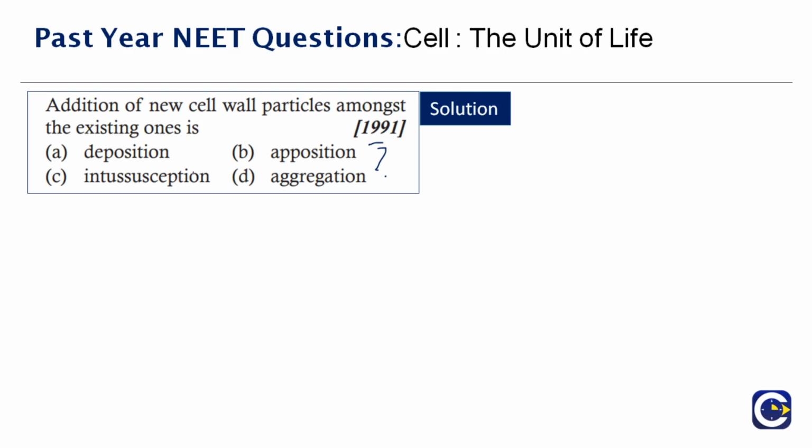So, what do you mean by addition of new cell particles? It's the growth. Okay, they are talking in resemblance to the growth. So growth of cell wall occurs by 2 methods. Addition is you're adding something.